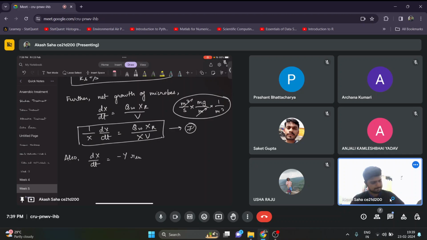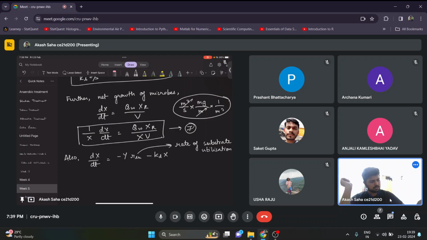So we will write it as RSU, the rate of substrate utilization, minus the decay constant. So we can write dx by dt in terms of this. Fine.